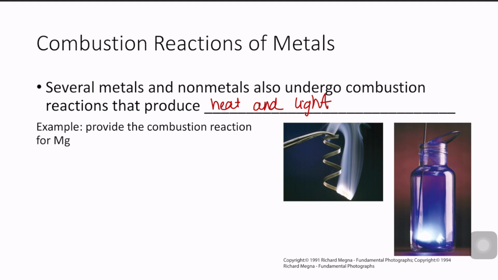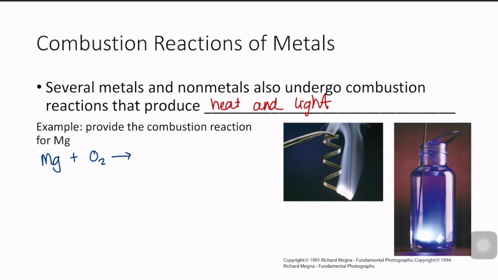So again, just like before, I'm going to write out my chemical reaction, get my reactants, and get my products. So we will have magnesium reacts with oxygen because remember, oxygen means combustion.